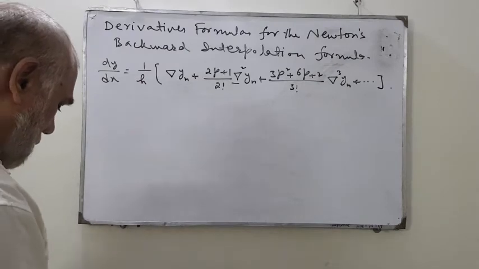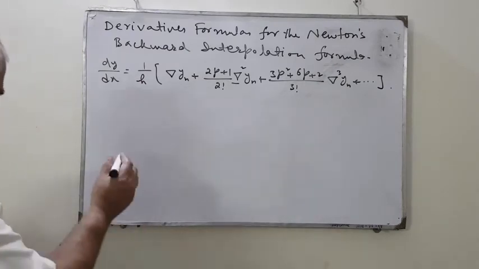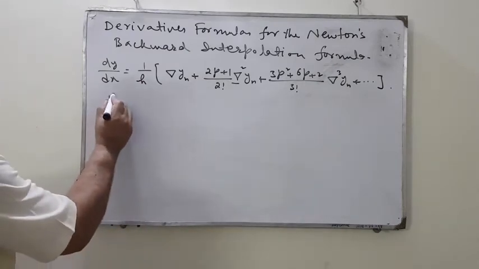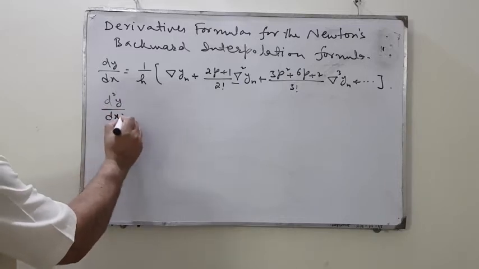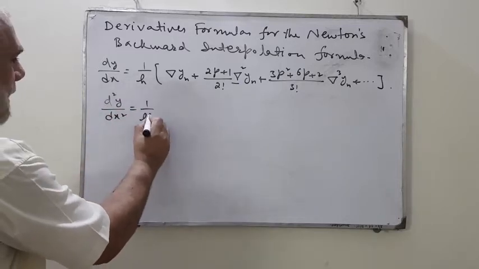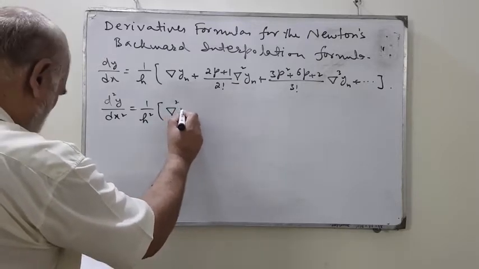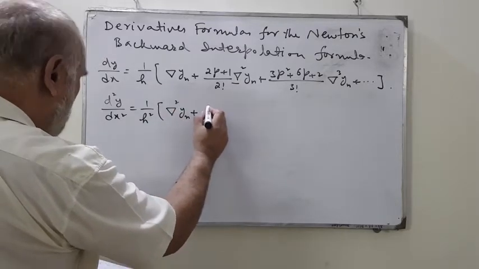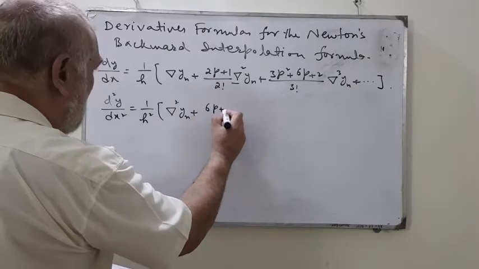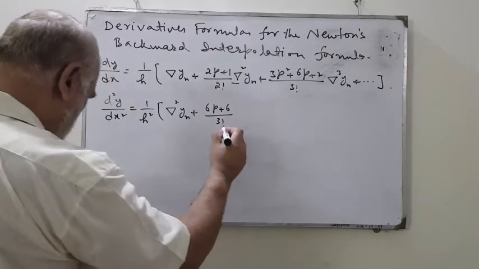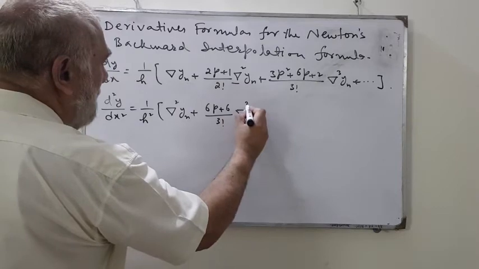And whenever you differentiate it once again, the second order formula d2y over dx square can be obtained by writing 1 over h square times nabla 2yn plus (p+1) nabla 3yn, and so on.